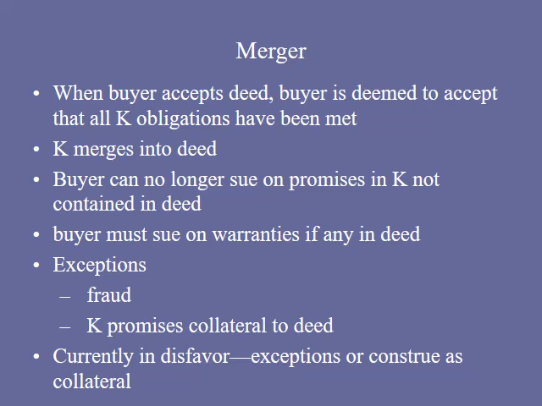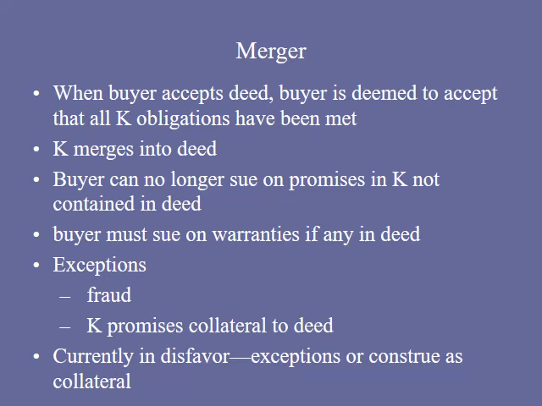If there was fraud, that means that the buyer is not limited to either the deed or the purchase contract. If there's fraud, you can sue for fraud, which is going to open up tort damages for fraud, which are typically going to be treble damages in most jurisdictions.